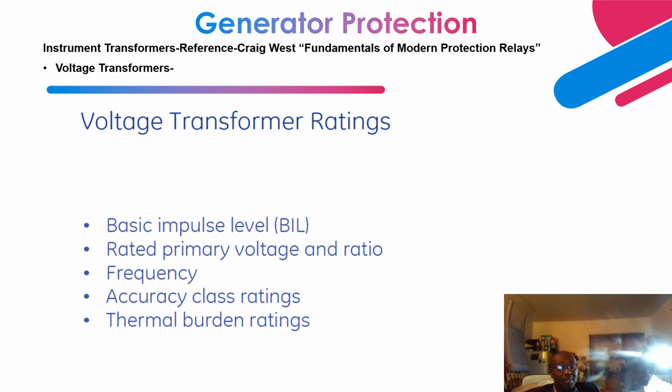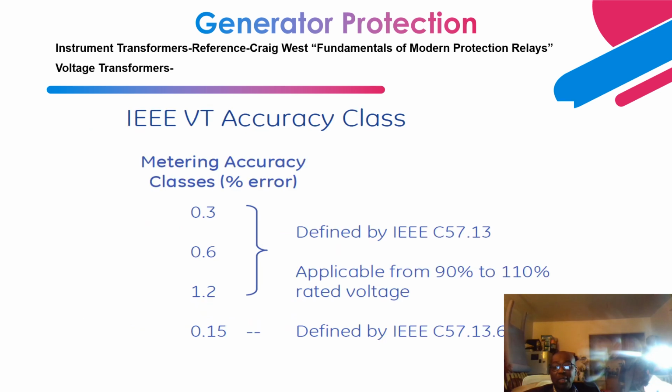Then you have the ratio, which is basically the primary voltage, and also the frequency and accuracy class. So this is typical for VTs. You have an example of accuracy class, and basically this tells you the amount of error that you can achieve. So 0.3% error, that's what we want to achieve. 0.6 error, 0.12, 0.15.